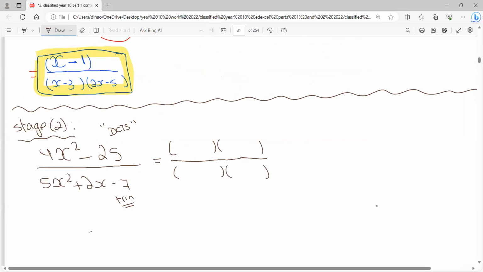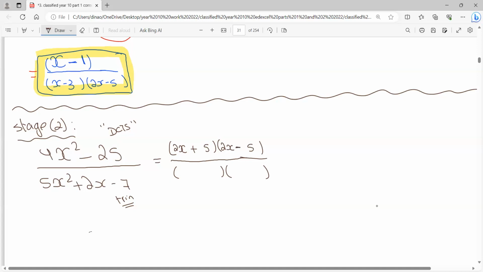Okay, so how do I factorize this? Square root from left to right. So 4x squared will be factorized into 2x and 2x. 25 is 5 and 5, one positive and one negative. And as for the denominator, I factorize it using the calculator.